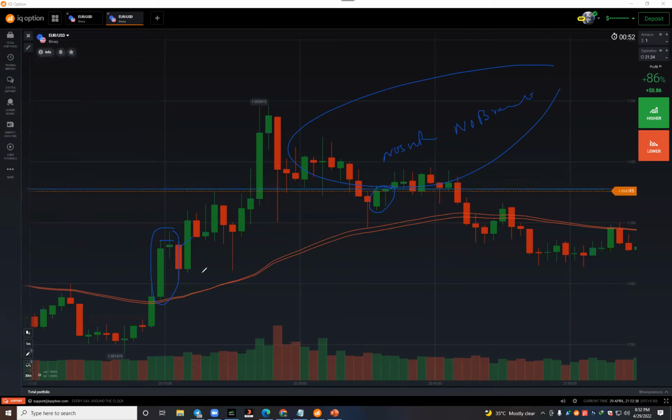So, anomaly plus support and resistance, it will work for you. Sometimes you may fail. Now, how can we identify correct setups?